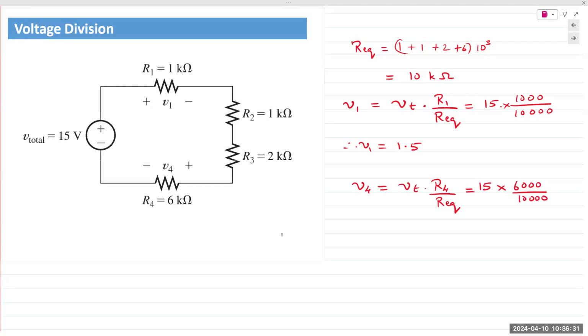Nine. Again, you don't really need a calculator. 15 times 6 is 90, so 90,000 divided by 10,000. Therefore, V4 is 9 volts. I forgot the volts for V1. That's half a point of deduction. So always have units. Don't forget the units, especially the unit prefix also.